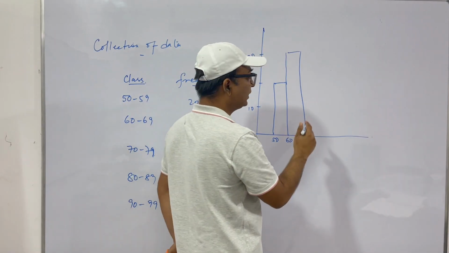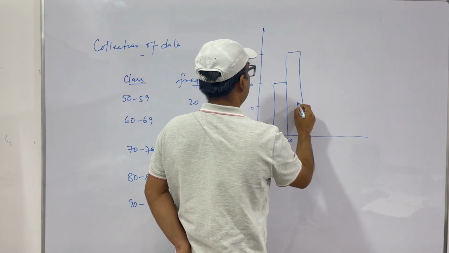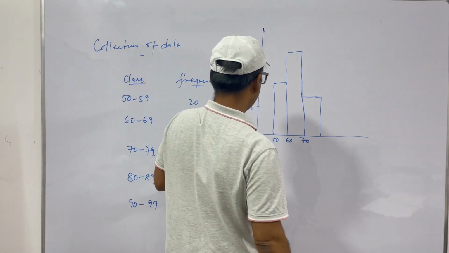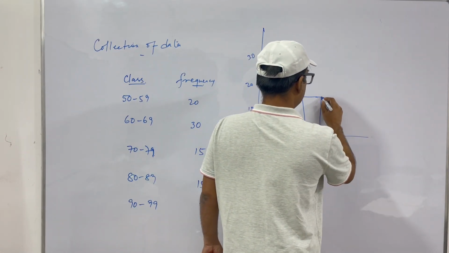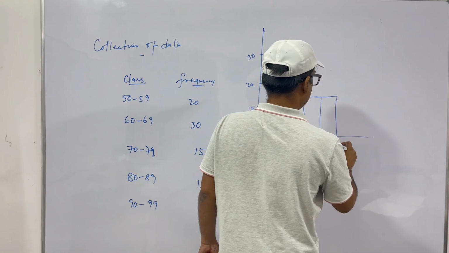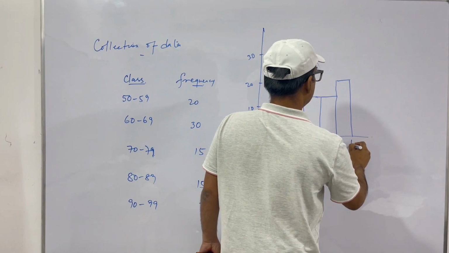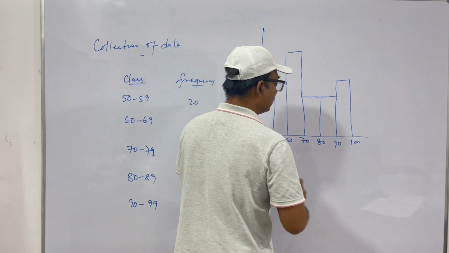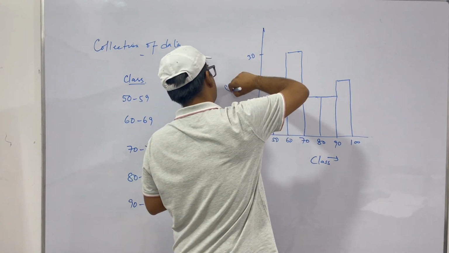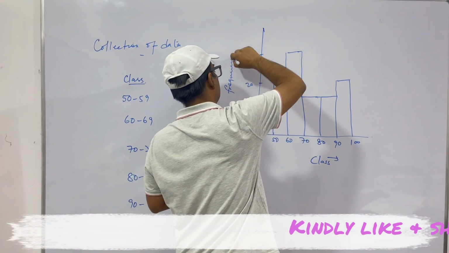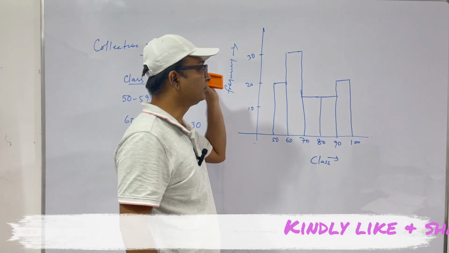Maybe this is not very straight. Then we have 70 to 79, 15. And then 80 to 89, again 15. And this is 20. This is the class. This is the frequency. Okay, so this graph is called a histogram.